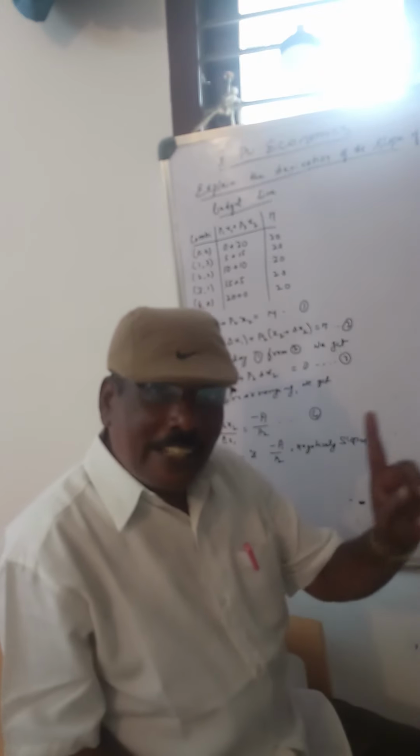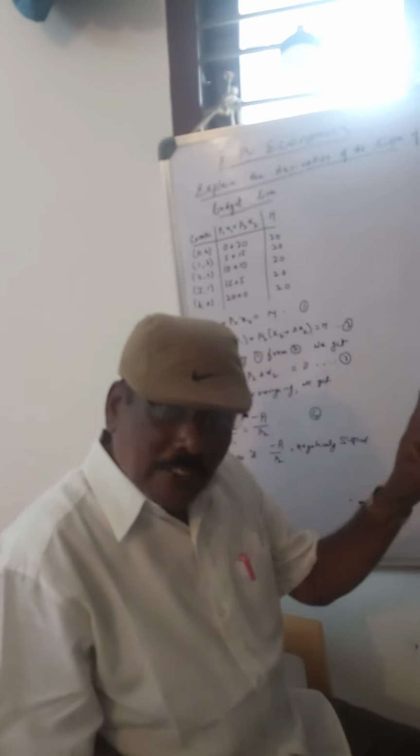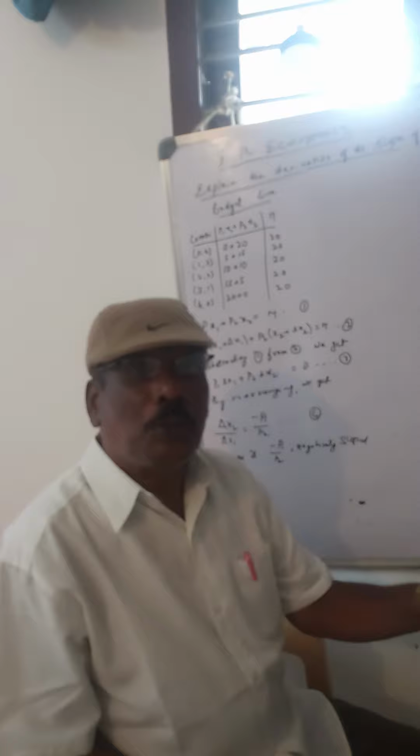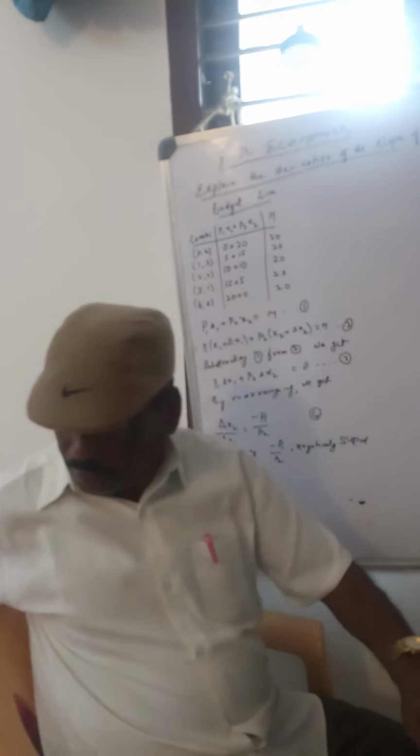Please understand, that is why the formula of budget set is M is lesser than or equal to P1 x1 plus P2 x2. That is the budget set. And the budget line is M is equal to P1 x1 plus P2 x2.